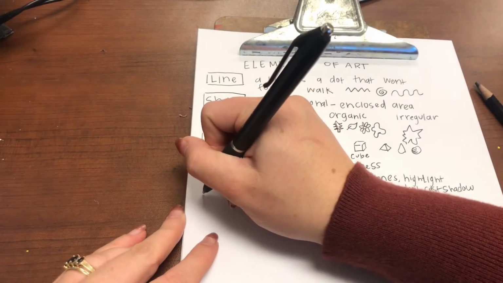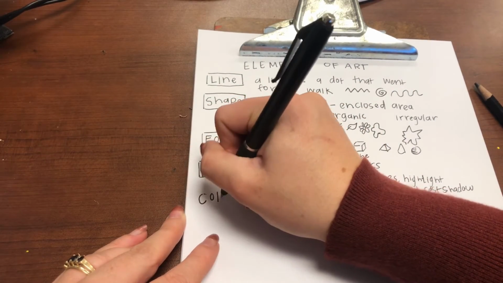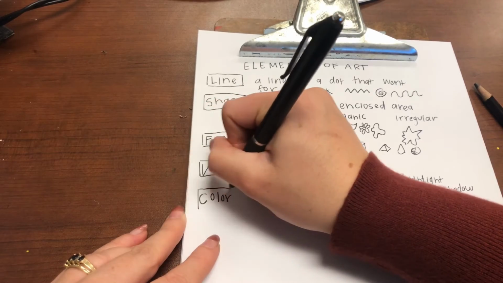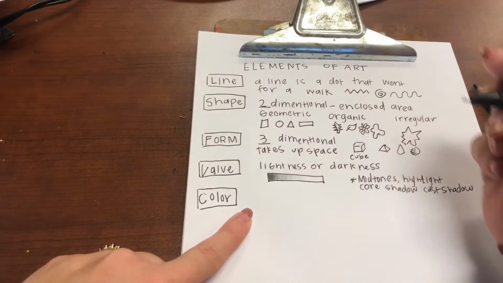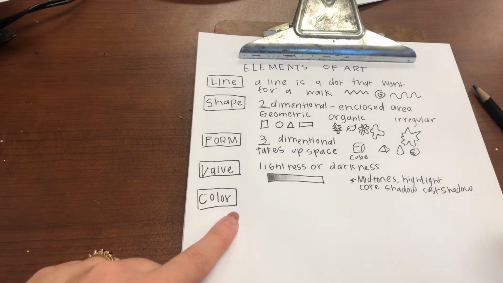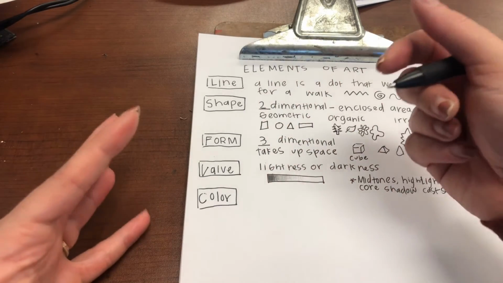Okay, the next one we're going to talk about is color. If you remember from our color theory, color is basically perceived light.